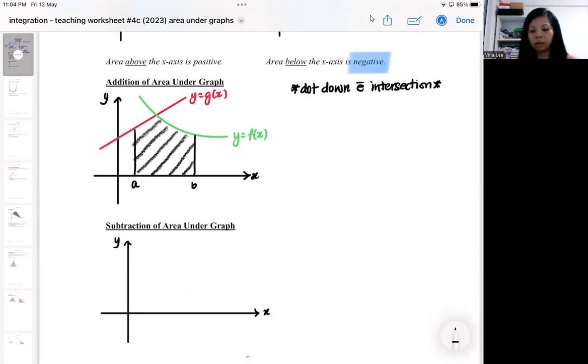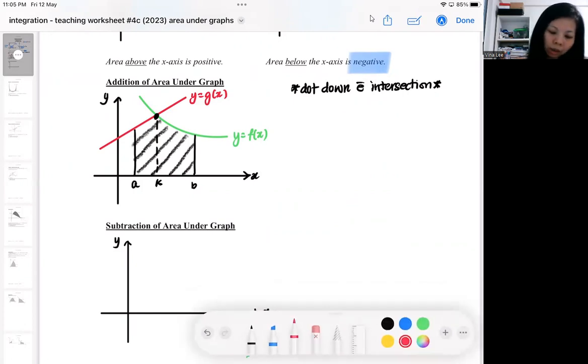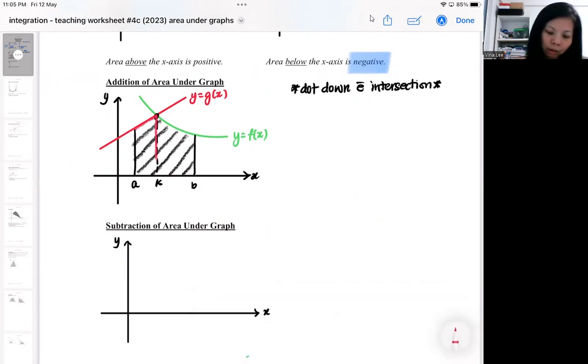They don't have the idea that you need to look for the intersection and then dot it down. You will get a coordinate. Usually the question will ask you for the point of intersection, which you need to do a simultaneous equation for. So the idea about dotting down the intersection is to create two vertical strips. Then you can see that there will be one strip that is under the red line.